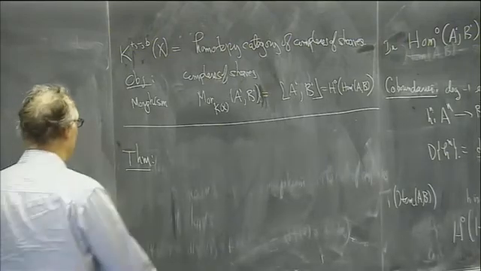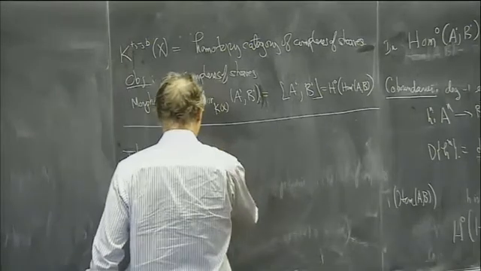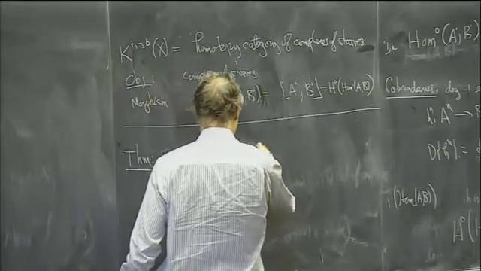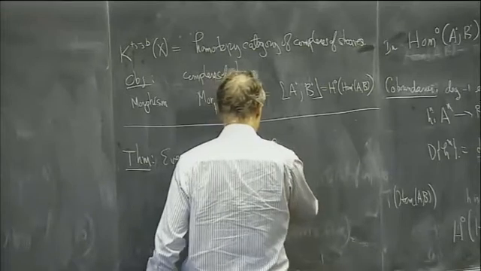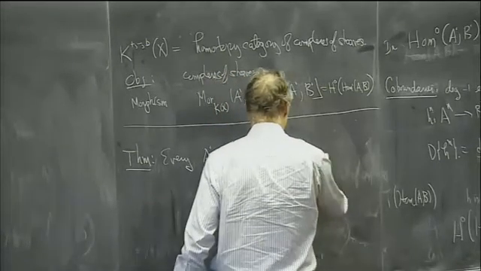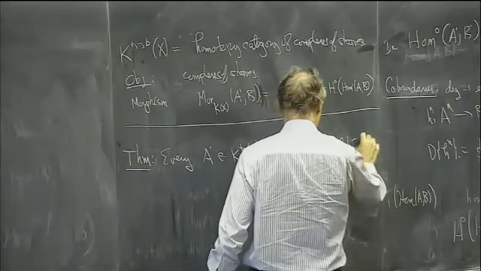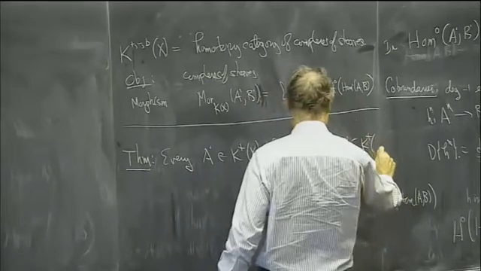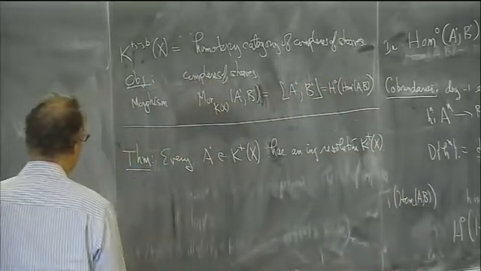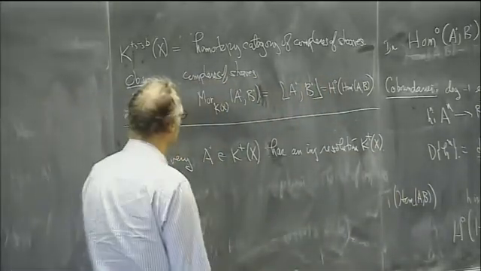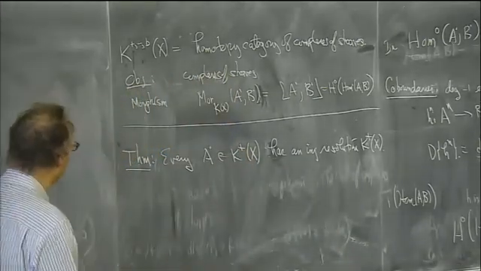So the first is every complex A bounded below has an injective resolution. And again, it must be bounded below. I don't believe this is true without assuming bounded below. In fact, I'm almost positive it's not.